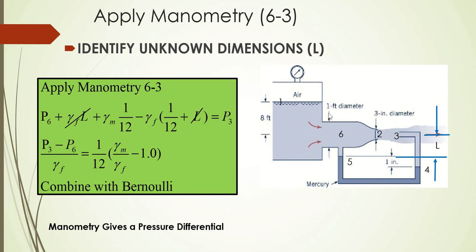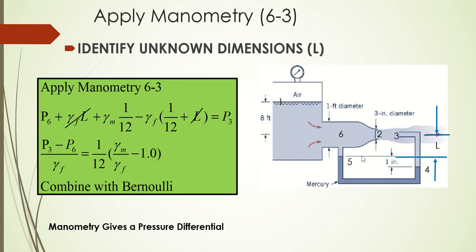So I also want to identify first any unknown dimensions between 6 and 3. If I look at this problem, the only unknown dimension is the elevation difference between 6 and 5. So we call that unknown dimension L, because I have no idea of the distance between 6 and point 5.